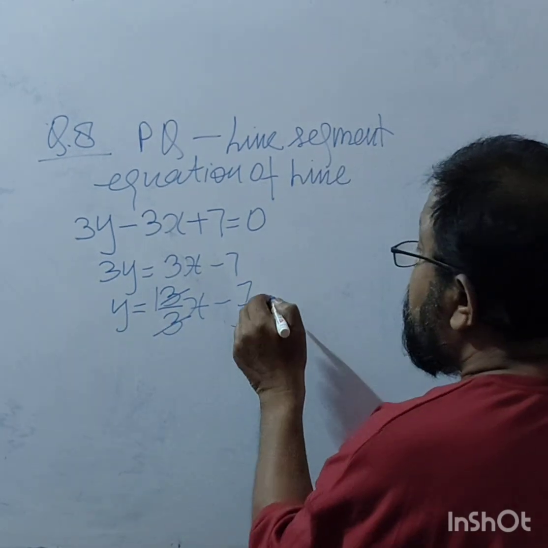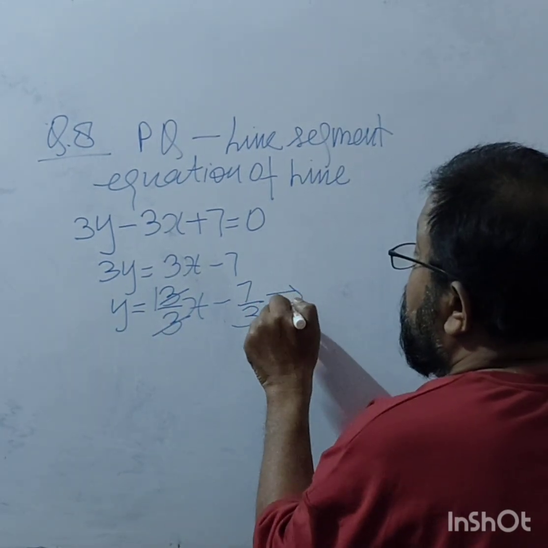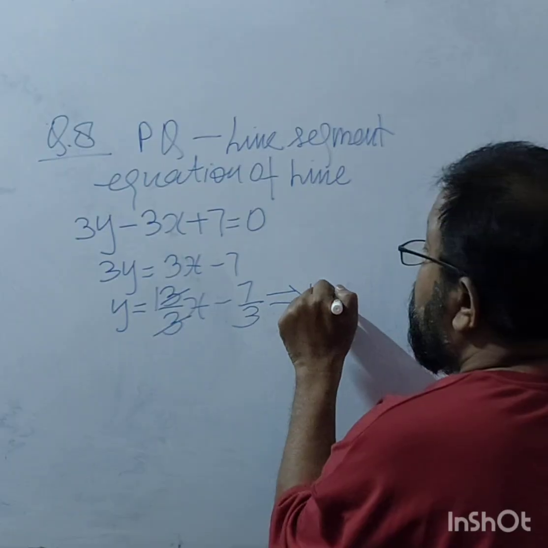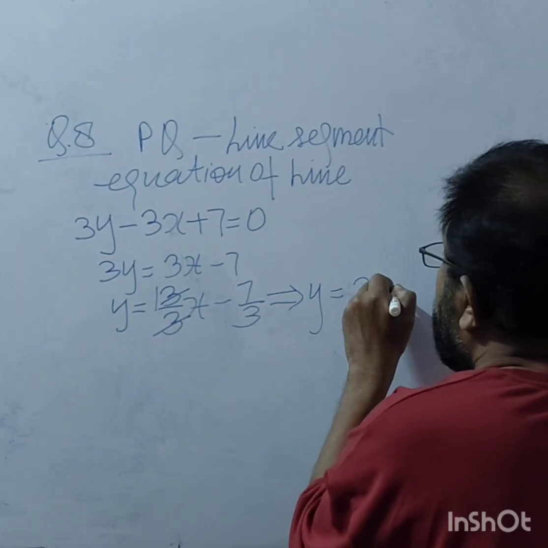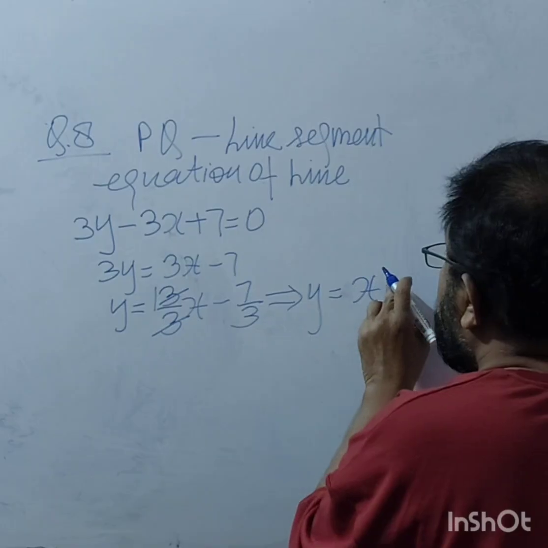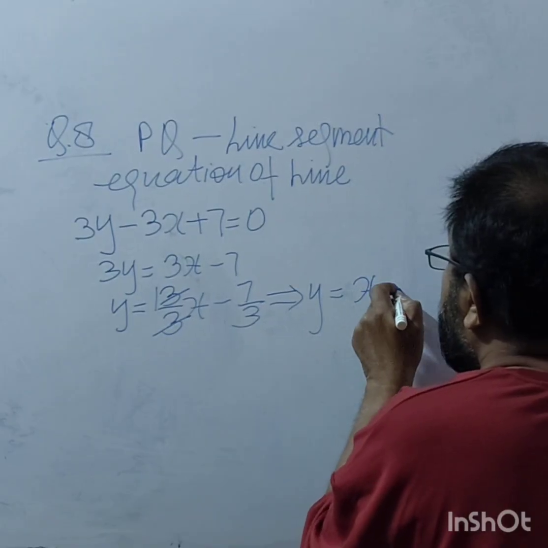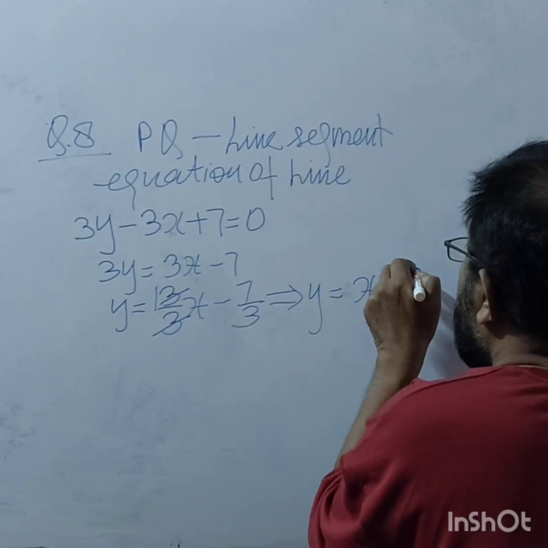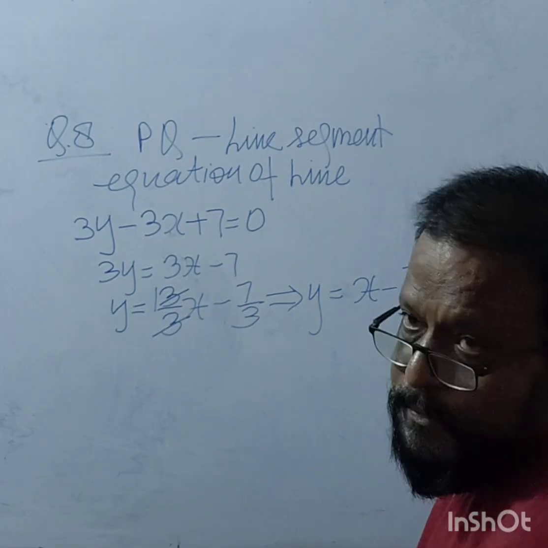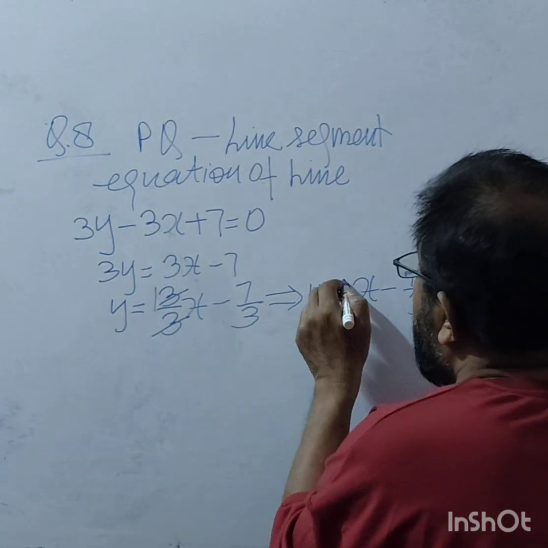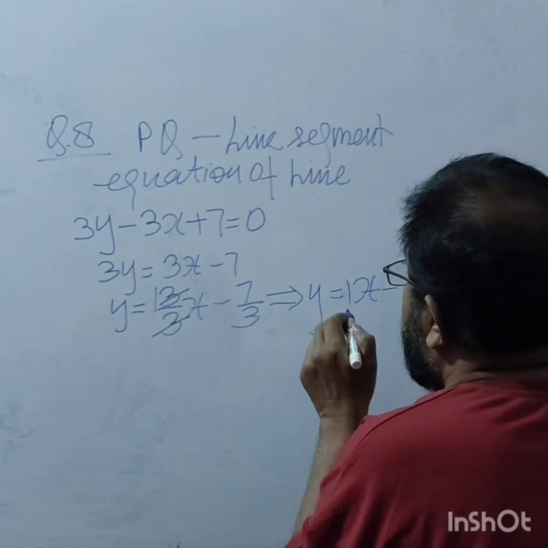So y is equal to x minus 7 by 3, right? So here the value is 1.